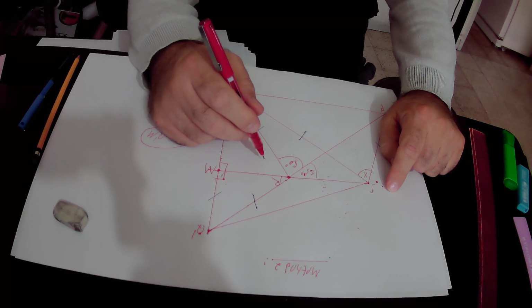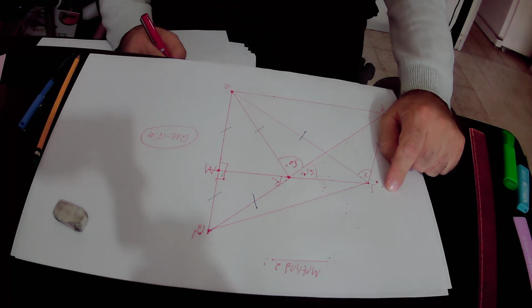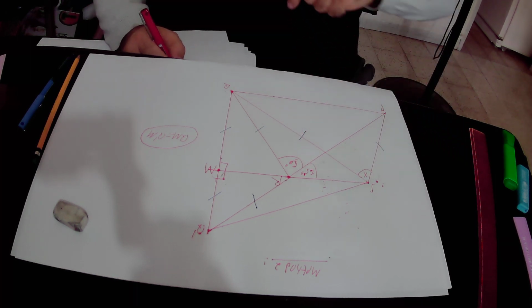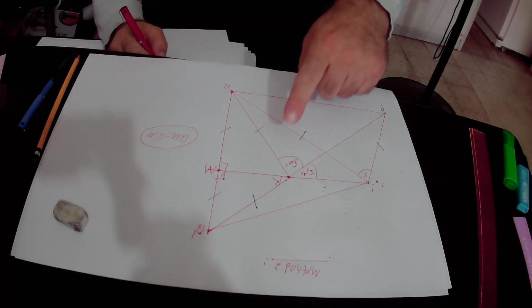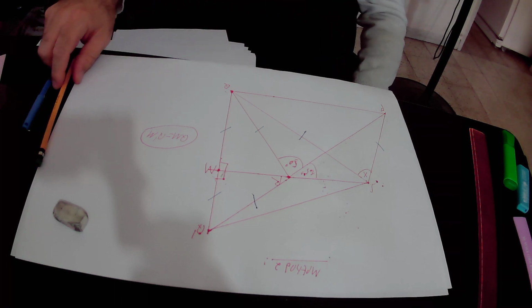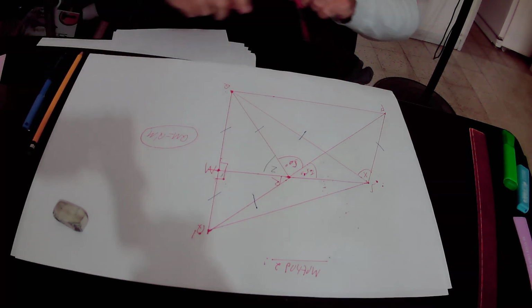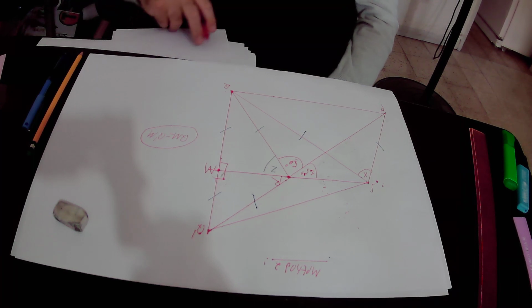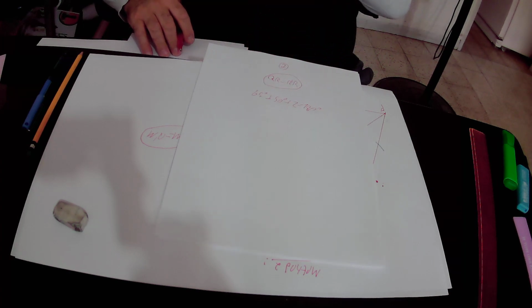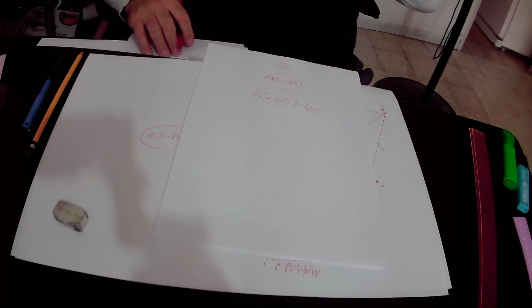Therefore, if we look at point R, 65 degrees plus 50 degrees plus the size of this angle, which we will define as Z, must be equal to 180 degrees, according to the rule that the sum of the angles on a straight line equals 180 degrees.